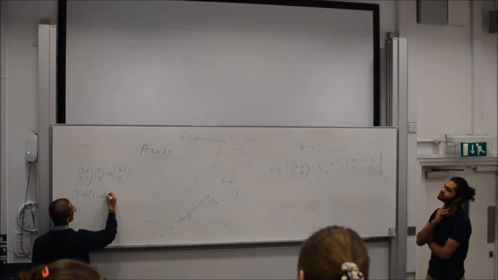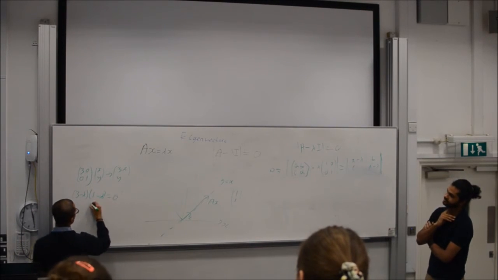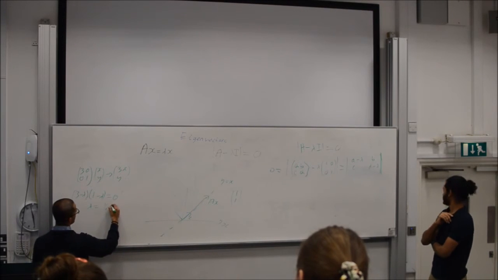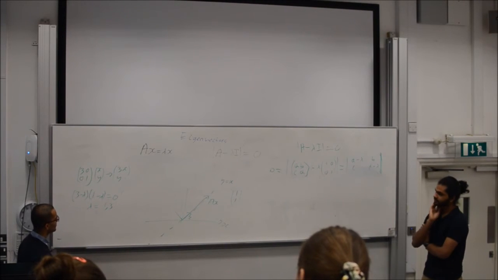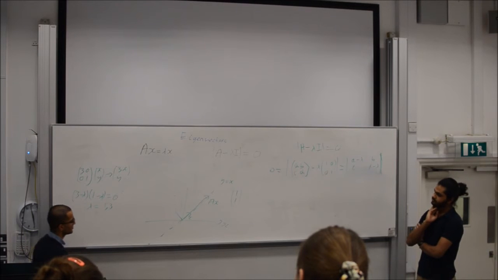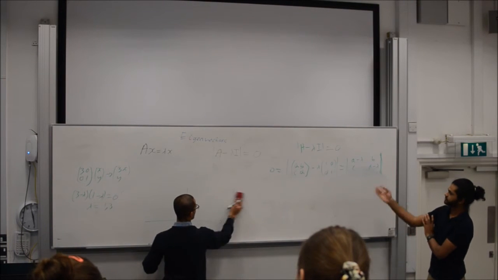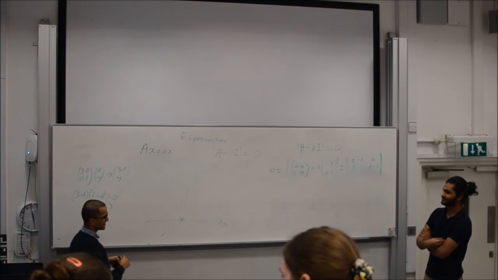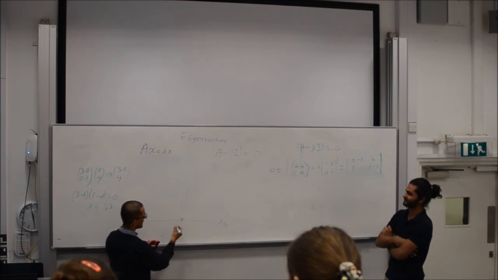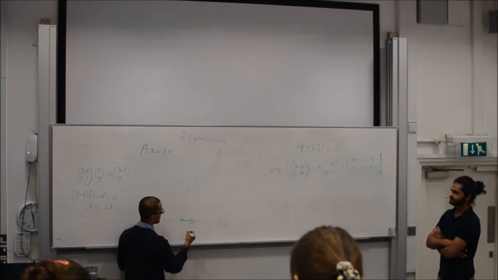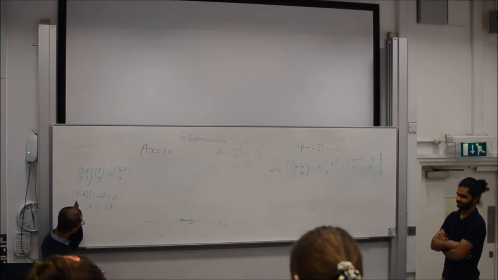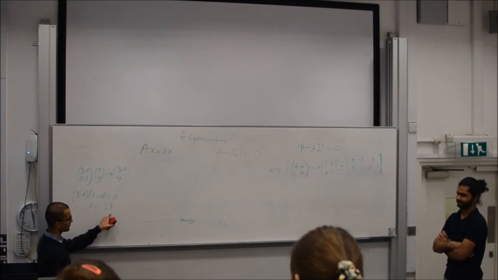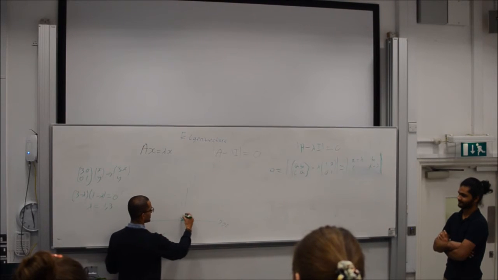1 minus lambda equal to 0, so lambda is equal to 1 and 3. And what do the vectors correspond to? You should teach them to find the vectors as well. Your eigenvectors will be along your x-axis and perpendicular.